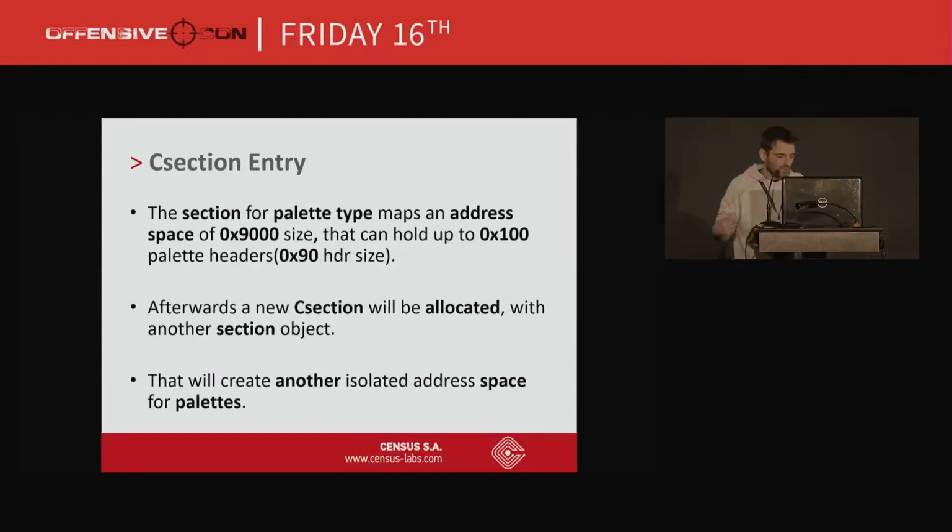So, for example, for palettes, the section maps an address space of 0x9000 that can hold up to 0x100 palettes, since every palette has a size of 0x90. And once we reach 0x100 palettes, a new CSection entry is going to be allocated with another section object that will create another isolated address space for palettes.